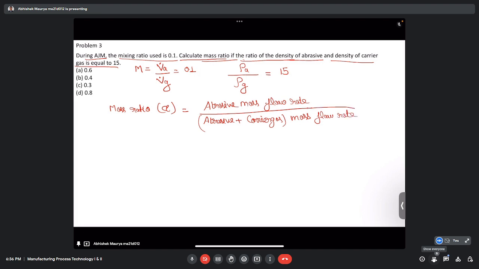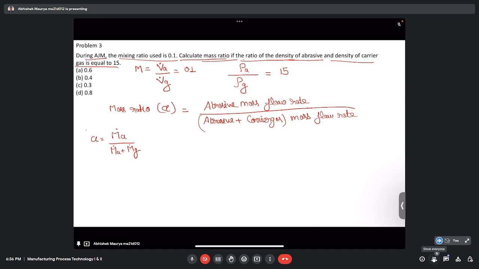Okay, so what is alpha? If we write it in short form, alpha is m dot a divided by m dot a plus m dot g. Here m dot a is the abrasive mass flow rate, and m dot g is the mass flow rate of the carrier gas. Now we have to calculate this ratio, alpha.